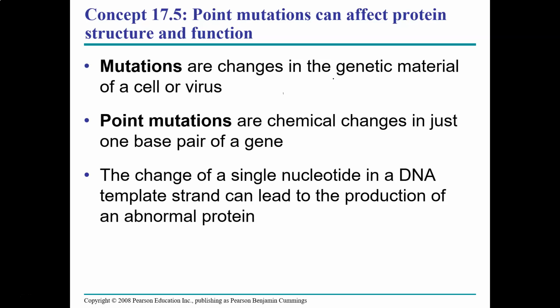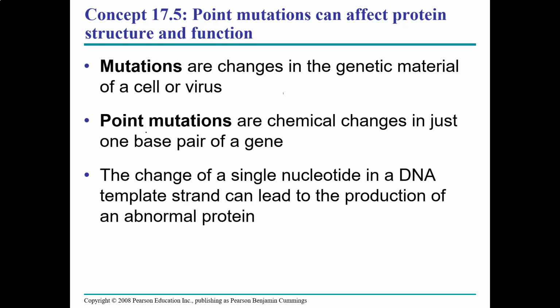So just like if you change the recipe from add a teaspoon of salt to add a tablespoon of salt, the cell's going to do that, and the recipe is not going to be the same. So that's analogous to what happens when the DNA is altered. When you have mutations, then it's going to alter the protein.